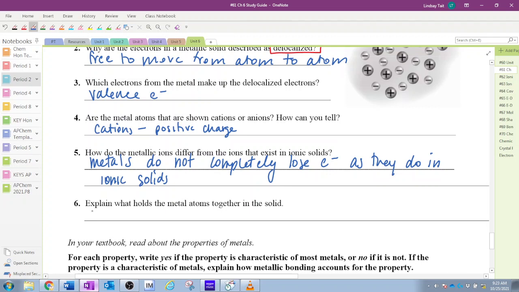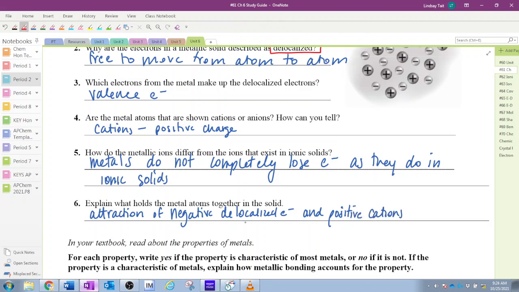So in the case of a metallic bond, we would say it's the attraction of the negative delocalized electrons, and I'm going to write the word out just for clarity, the positive cations. And so I just want to point out, positive and negative charges are attracting. But it's negative delocalized electrons and positive cations.